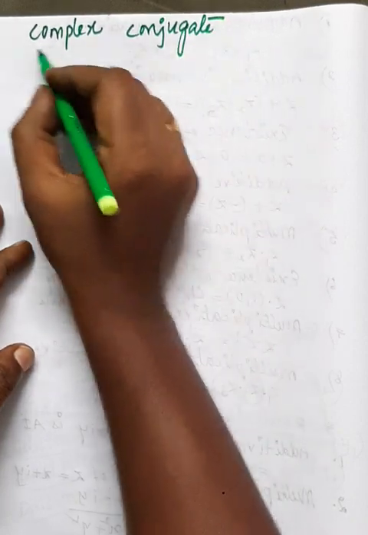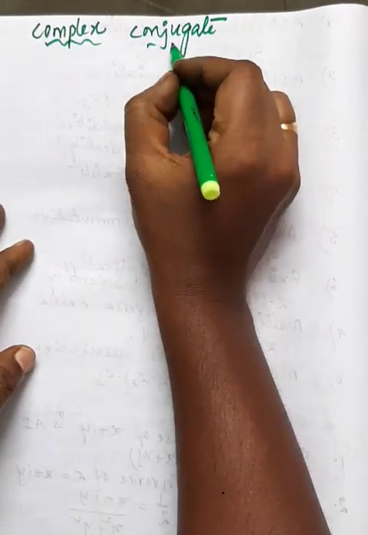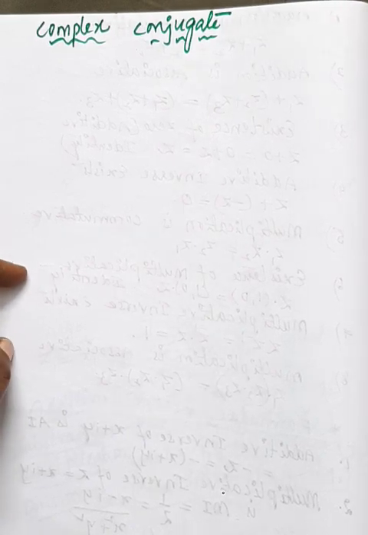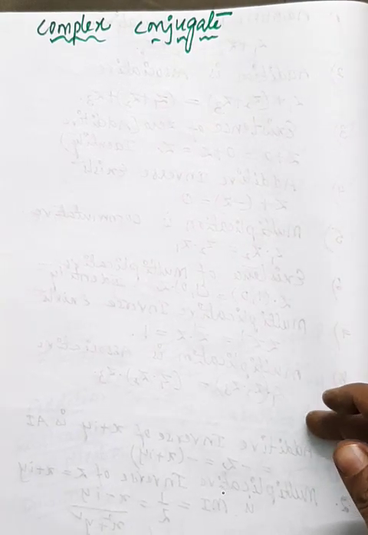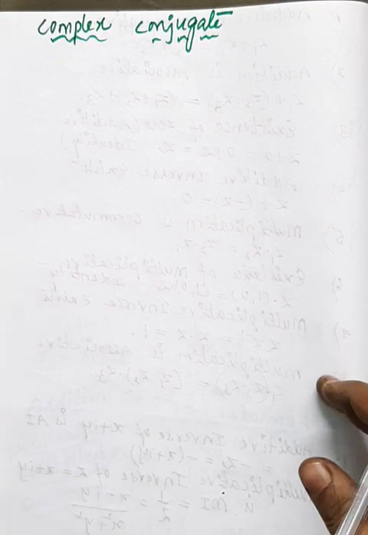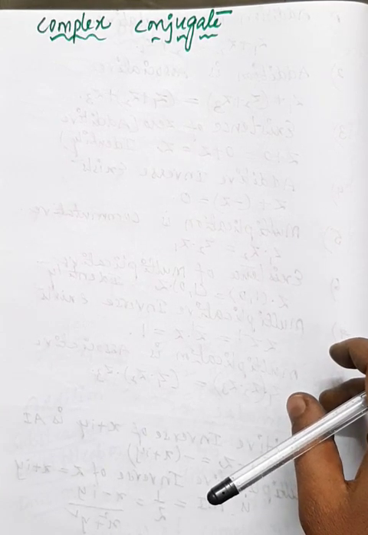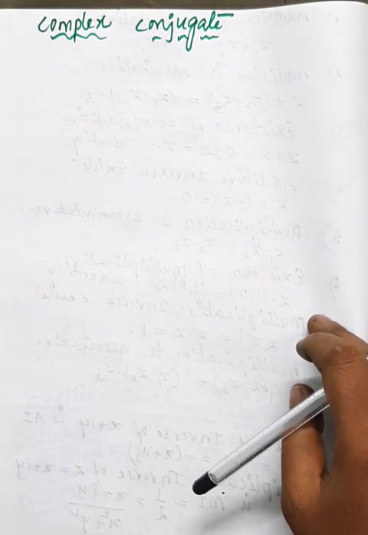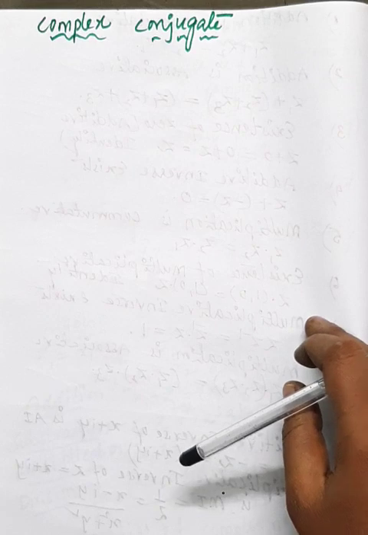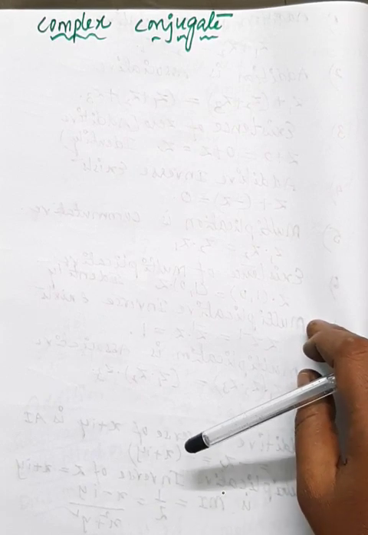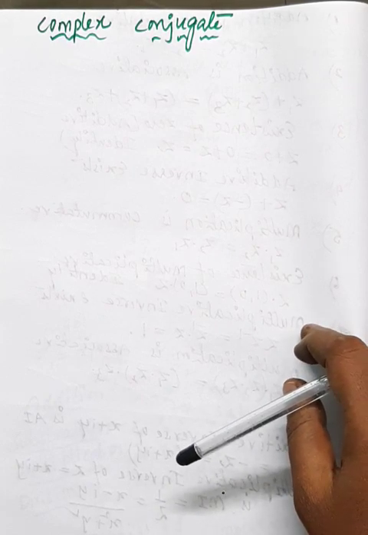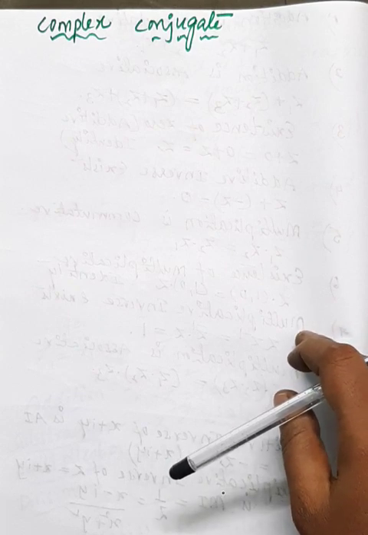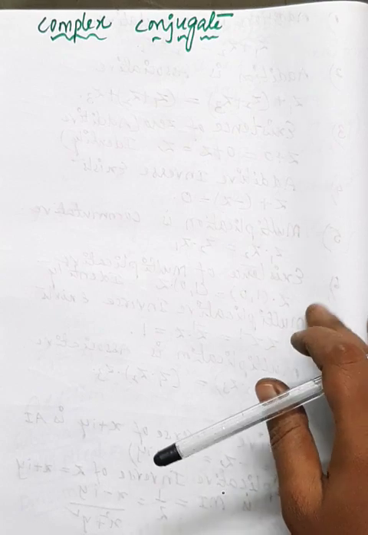So this is a 1 mark question. You will be asked the definition of complex conjugate, or conjugate of a complex number, in your mid or end examination. So the definition of a complex conjugate is: two complex numbers which differ in the sign of their imaginary parts are said to be conjugate to each other.